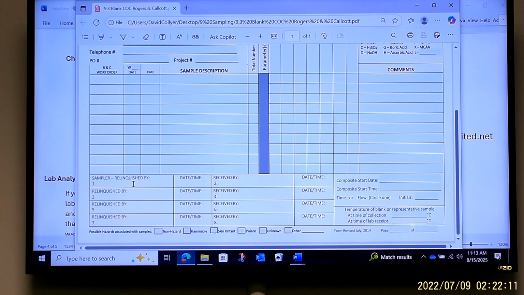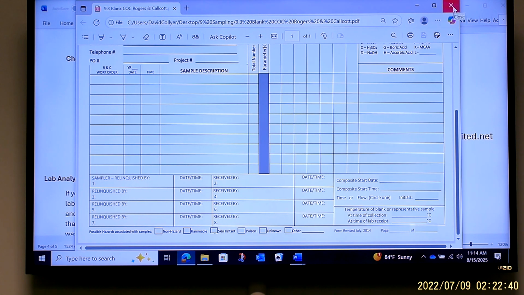Down at the bottom, you will have a part where the sampler fills in his or her name, the date and time. Then when they relinquished it, who it was relinquished to, and the date and the time, and everybody has to sign it as it goes through the system.